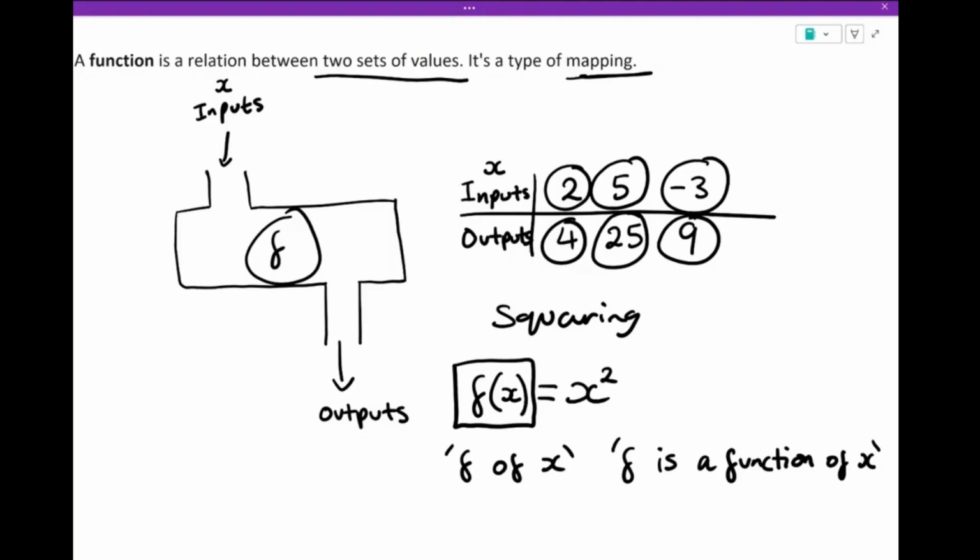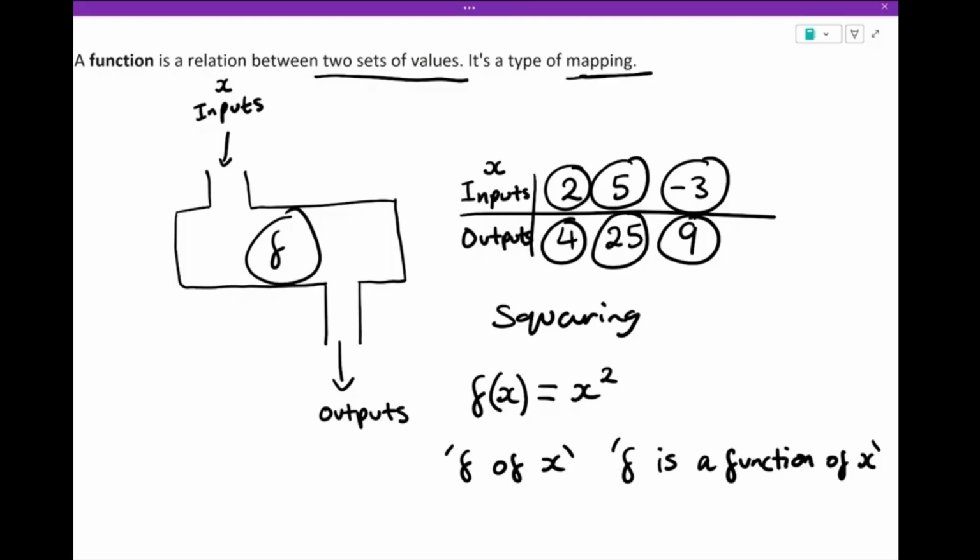Now you don't have to use the letter f, you could use a different letter, and you don't have to say that x is necessarily your input, but we're eventually going to relate this to coordinates. So of course we have x coordinates, hence why I picked x. But if you wanted to, you could put a t there and then a t here like that. And then we say f is a function of t or f of t. But I'm going to put it back to x like this.